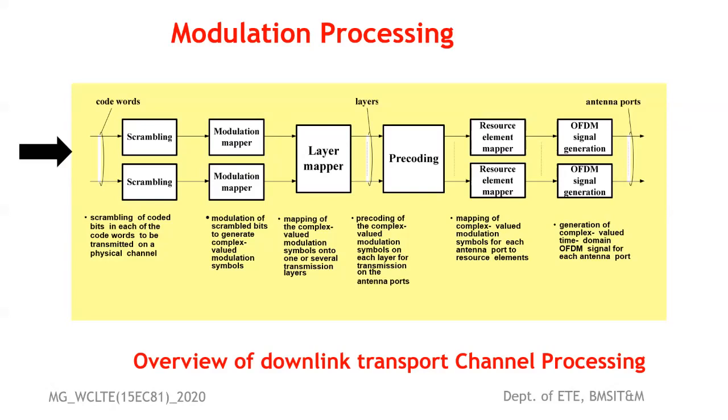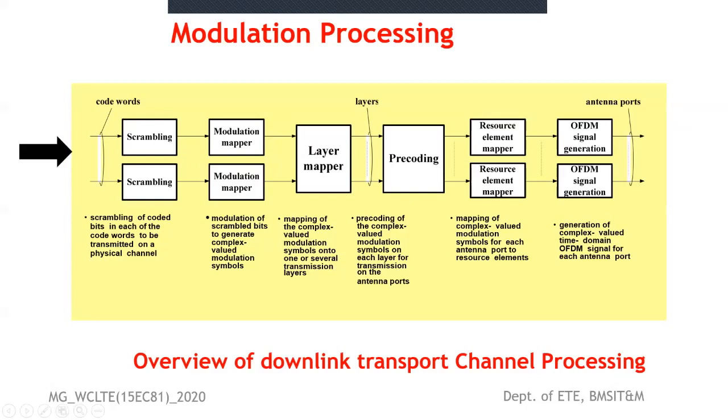Then it is applied to the layer mapper. Then, with the different layers, the pre-coding is done. These are all big terms. Let me discuss each block in detail later. I am just showing you the entire block diagram as an overview at the beginning.